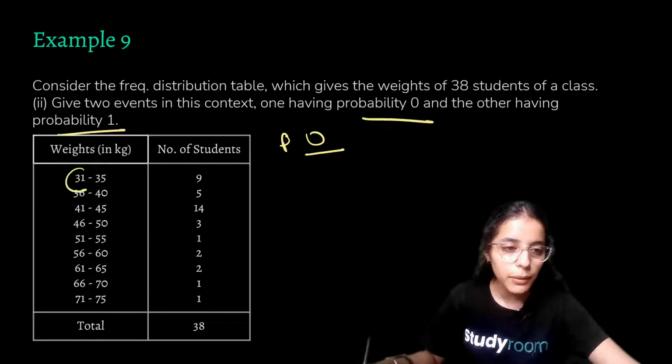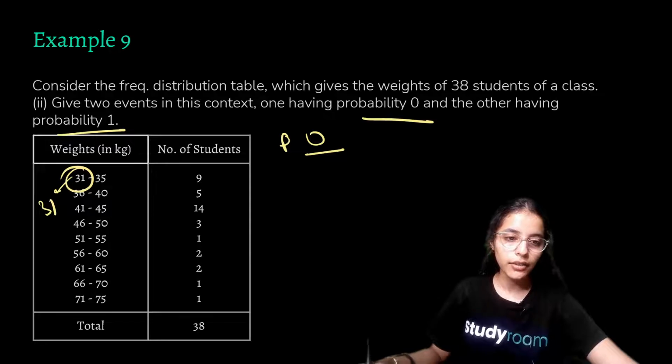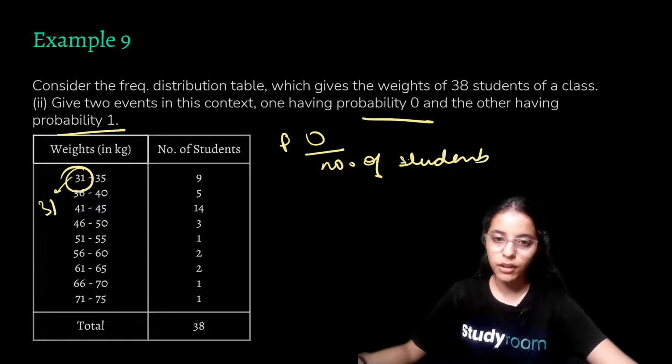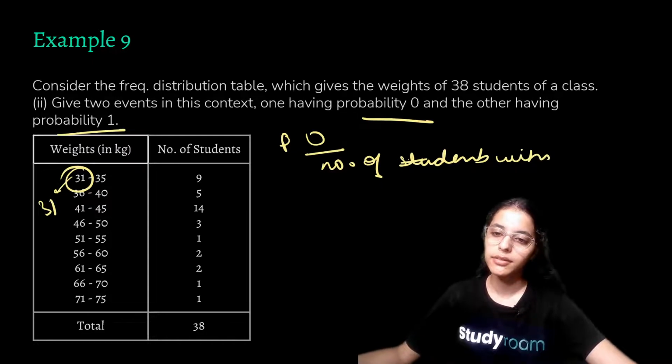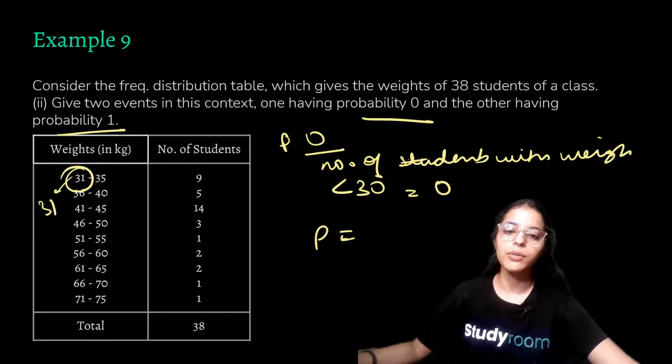As we can see, the minimum weight of a student is 31, right? So the number of students with weight less than 30 is equal to 0, right? So our probability would come out to be 0 by 38, which is 0.